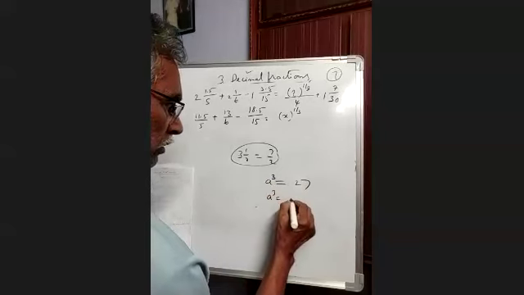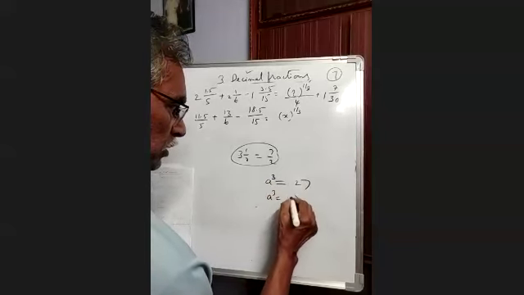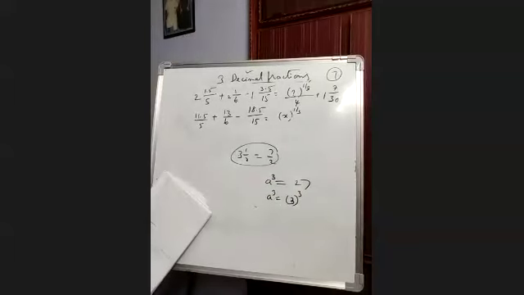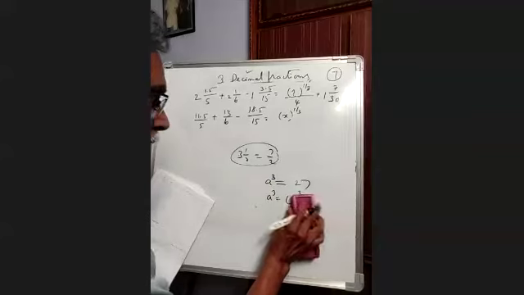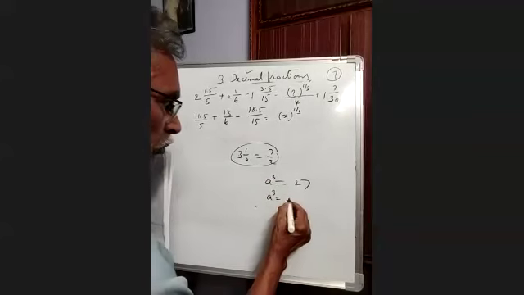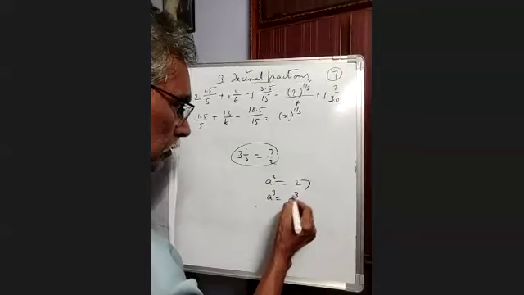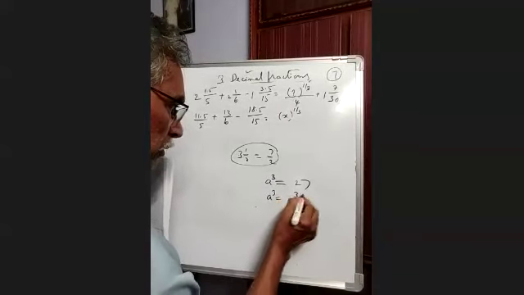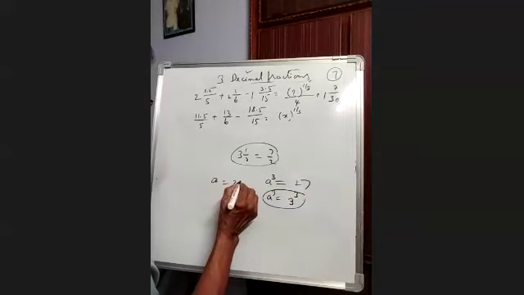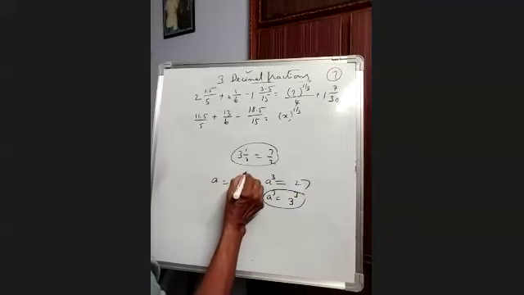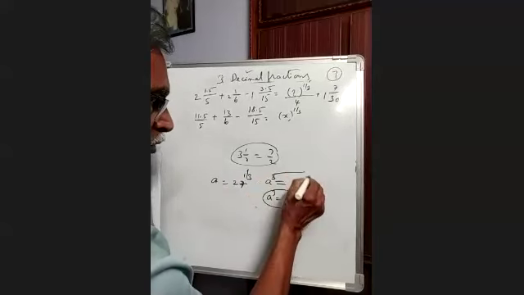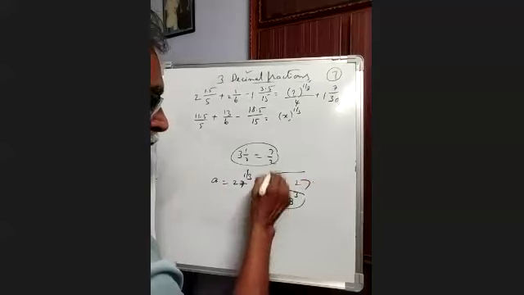A cube is 27. 27 can be expressed as 3 cube. Here, for representation's sake, bring this 3 to the other side, it will be 1 by 3.